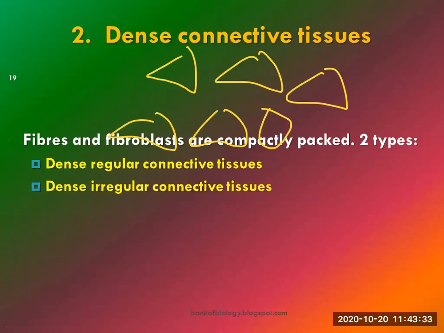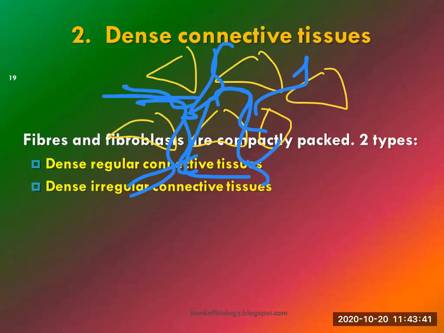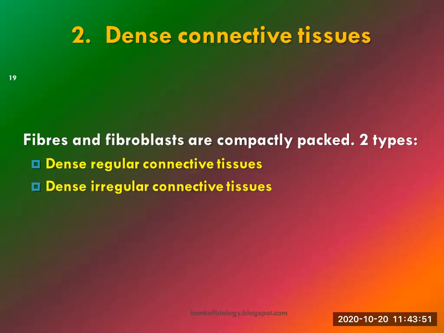What type of fibers are present? Based on that, the tissue can be identified. I am drawing the collagen fibers here; a large number of collagen fibers get arranged, which makes it dense. So the word dense here means the arrangement of a large number of fibers.